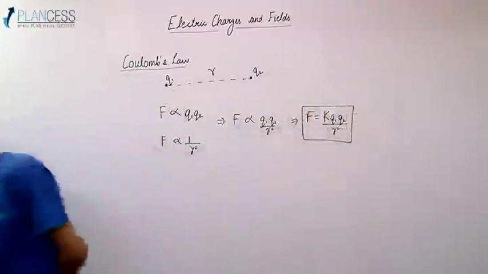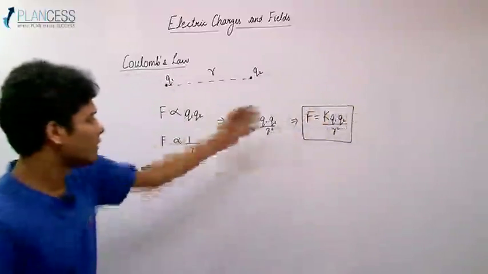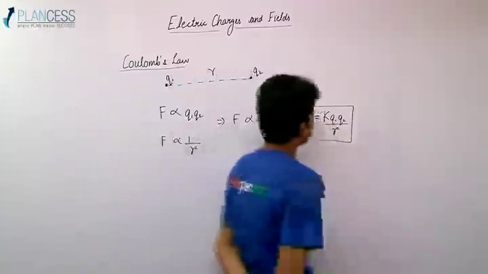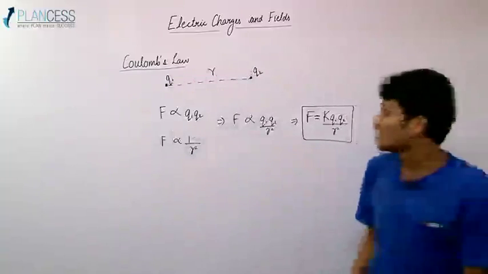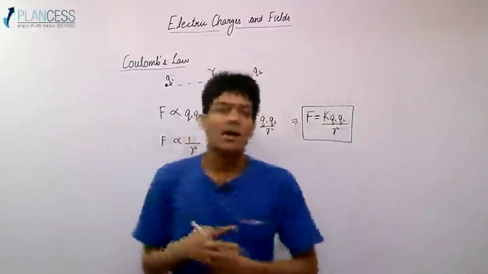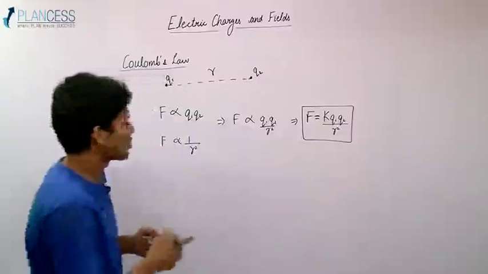So this is the formula for the forces which act between two charges Q1 and Q2 in a vacuum. So what is this K?